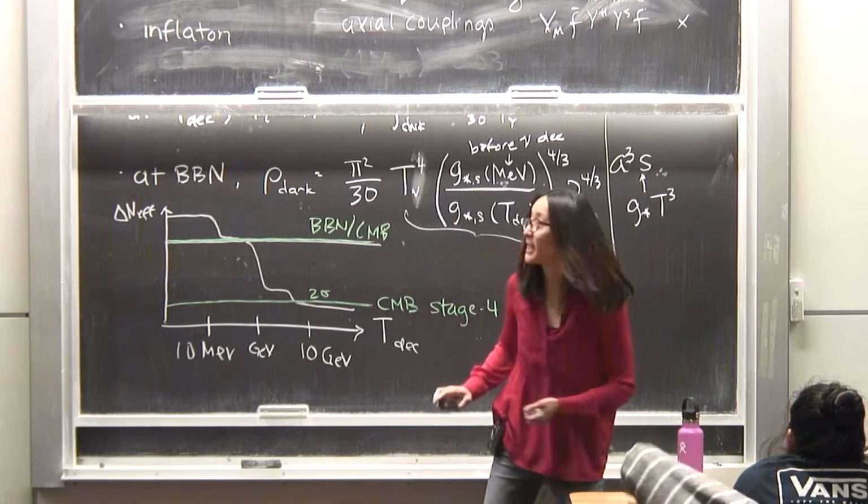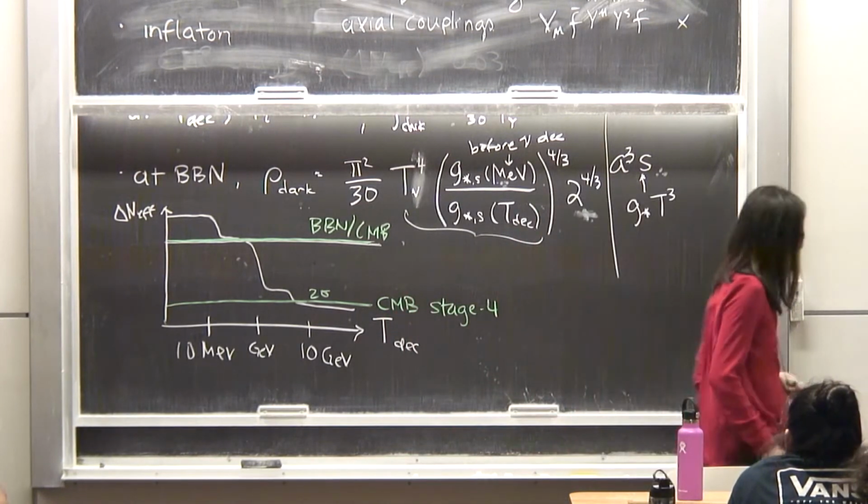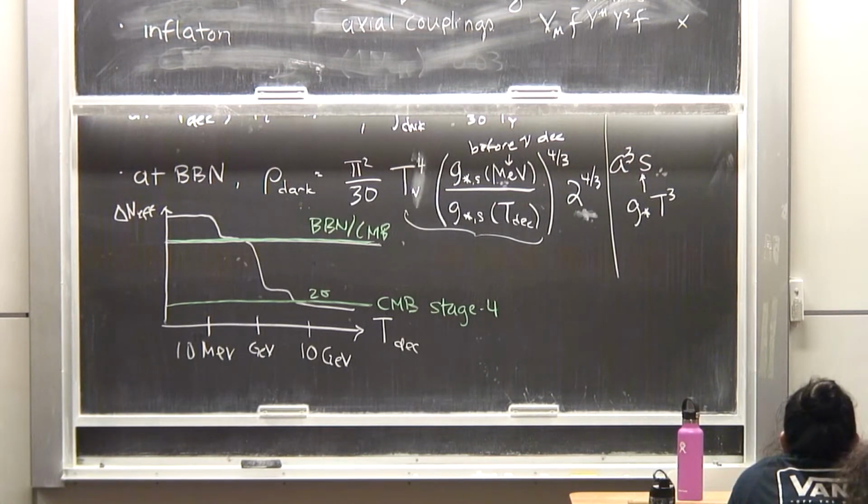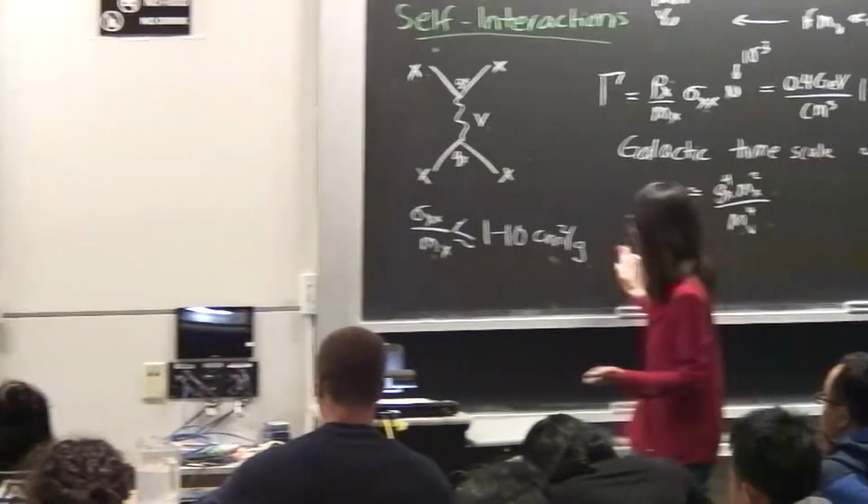Okay, so I just want to summarize, for two classes of portals, what the constraints are. I want to pick two because they have very different behavior in the very low mass limit.